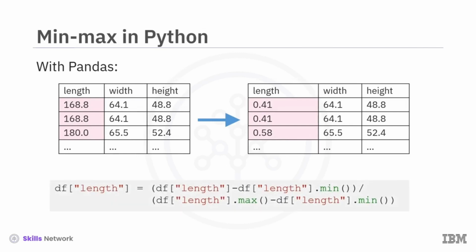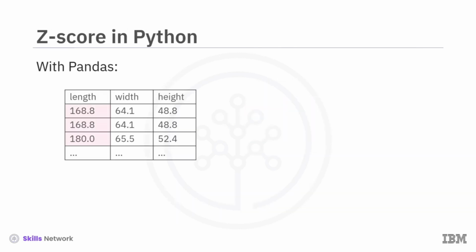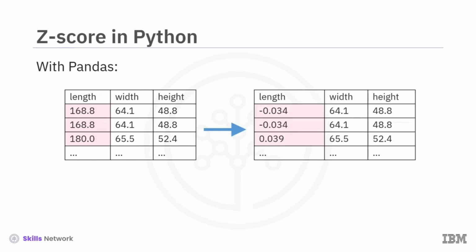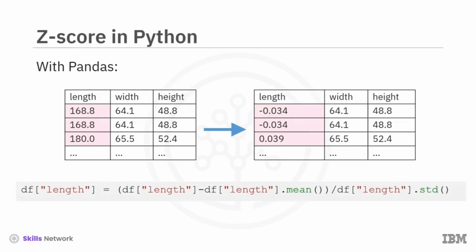We subtract each value by the minimum of that column, then divide it by the range of that column, the max minus the min. Finally, we apply the z-score method on length feature to normalize the values. Here, we apply the mean and std method on the length feature. Mean method will return the average value of the feature in the data set, and std method will return the standard deviation of the features in the data set.